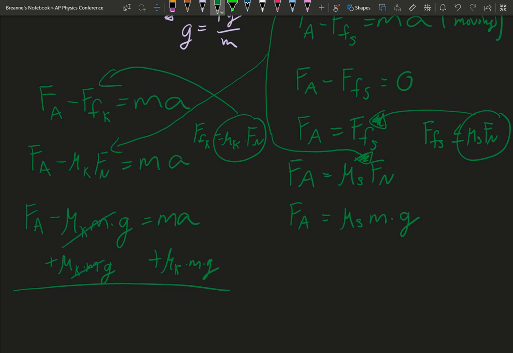So all that cancels, and we get a force applied equals mass times acceleration plus mu k mass times gravity. And you can manipulate for anything. If you're looking for your coefficient of friction, if you're looking for your mass, you can sit there and manipulate for anything.